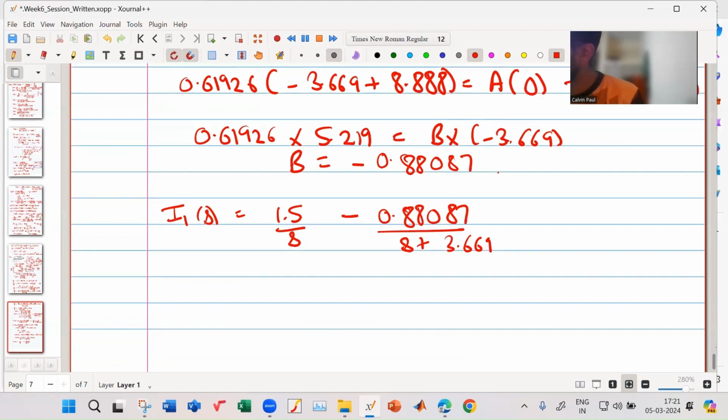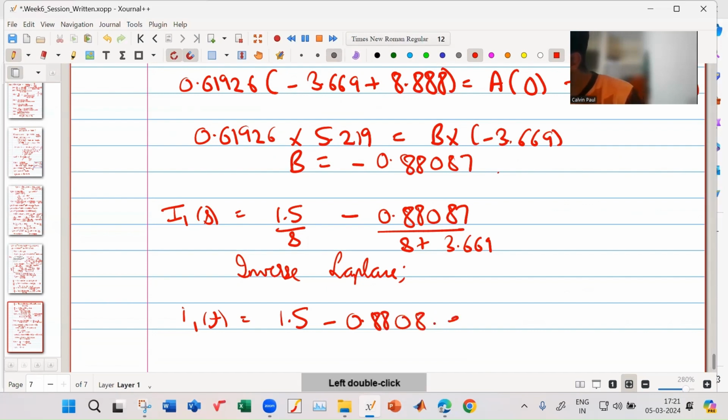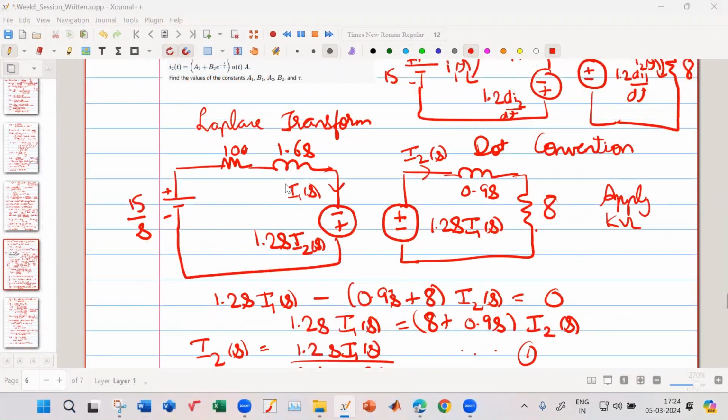When I take the inverse Laplace transform, I get I1 of t is equal to 1.5 minus 0.88087 into e raised to minus 3.669 t, into u of t.